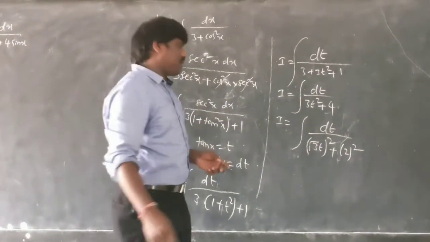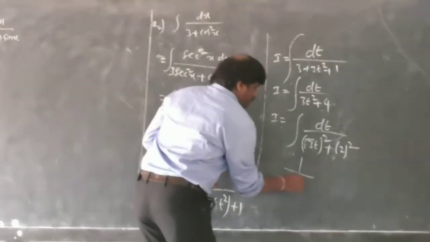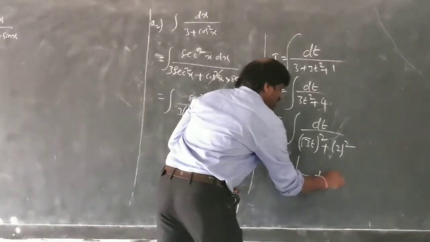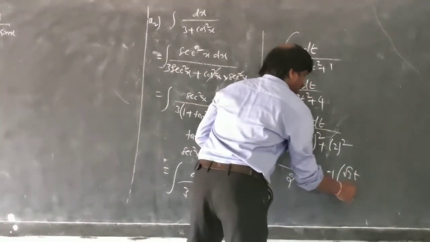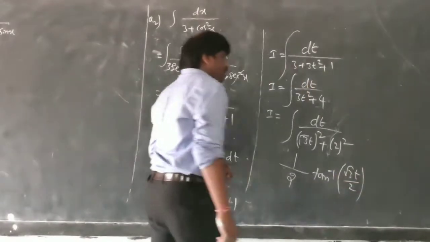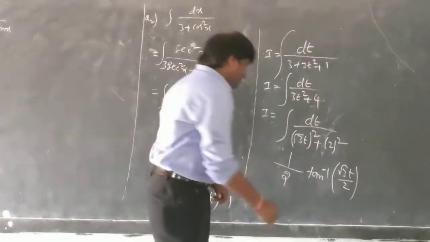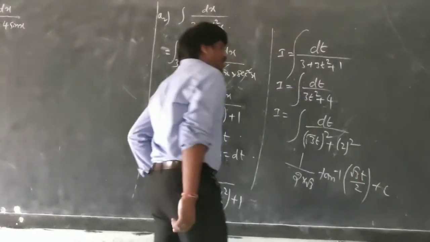Integration of 1 upon x square plus a square is 1 upon a tan inverse x by a. A is 2. And the coefficient root 3 of t, that also we will divide here, into root 3, plus c is your answer.